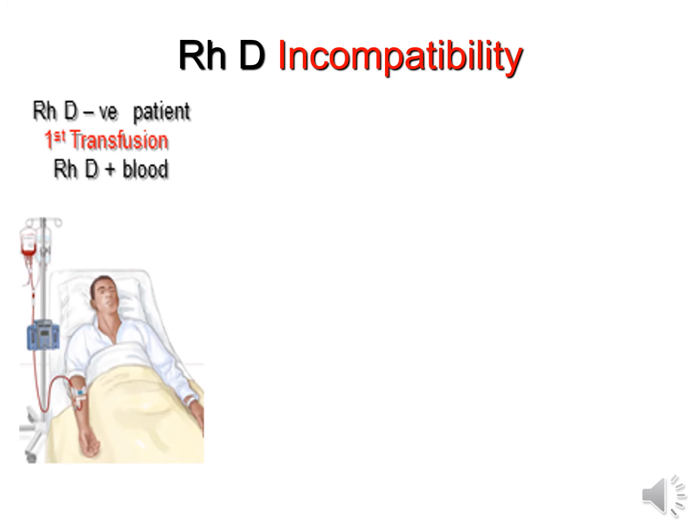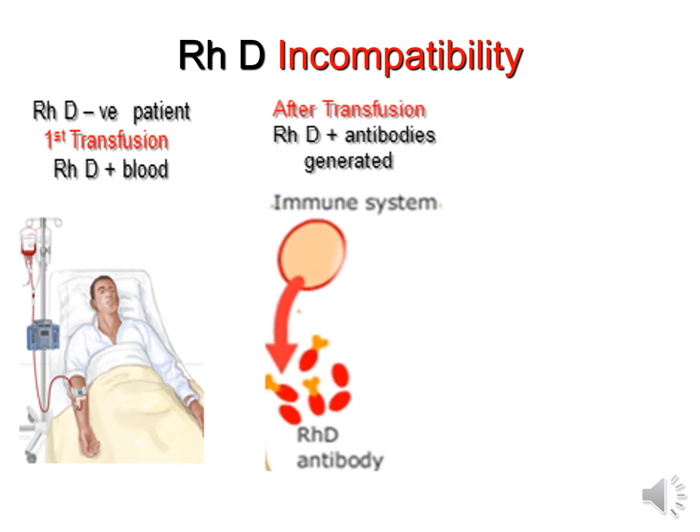For example, now you are having a blood transfusion. So you've got an Rh-D negative patient, and this is the first transfusion. They can have Rh-D positive blood, but there's a problem. They end up having the Rh-D positive blood, and after the transfusion, anti-Rh-D antibodies are generated by the patient's immune system.